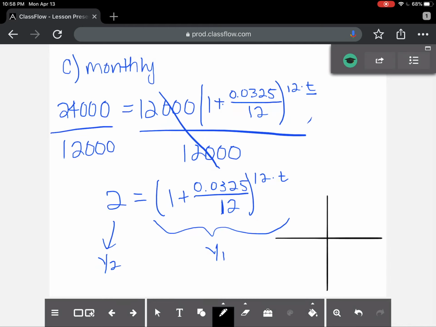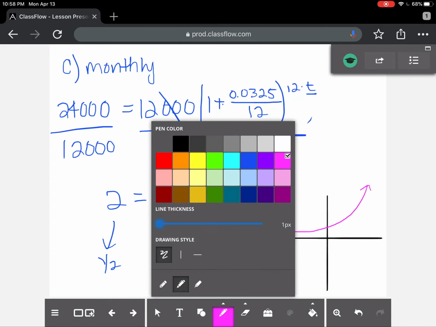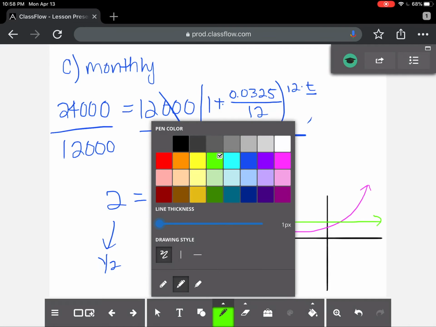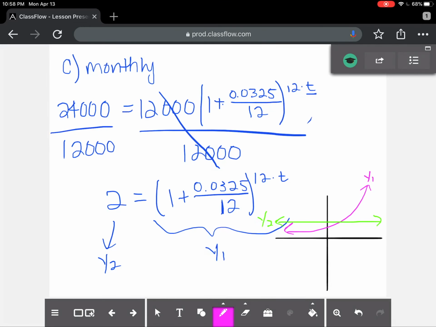Okay, so again, you graph that. You got some logarithmic function, some curve, and then you got a straight line here. That was your y2, and this was your y1. Remember, this was your y1, and this was your y2.